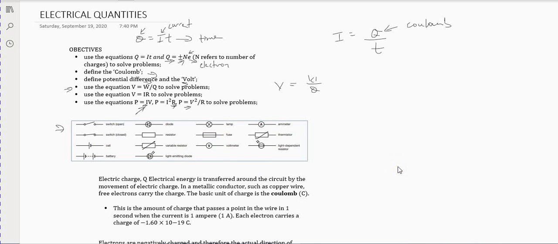Now, let's get into the meat of the matter. All right. So electric charge, which is denoted by Q, is what you know. Charge in itself is a particle, right?